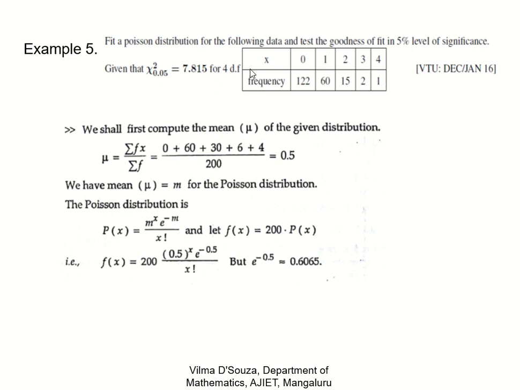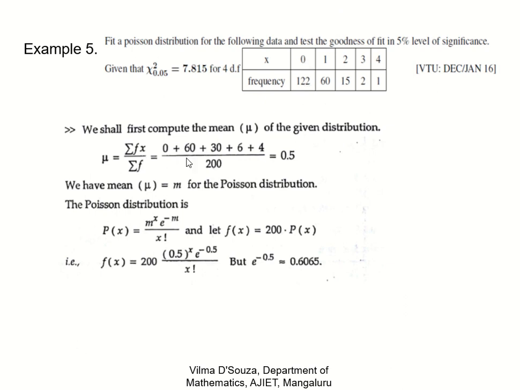X and f are given. You need to fit a Poisson distribution for the following data first. Then test the goodness of fit, whether the fitting is good. So we shall first compute the mean. Mean mu is equal to summation f x divided by summation f.